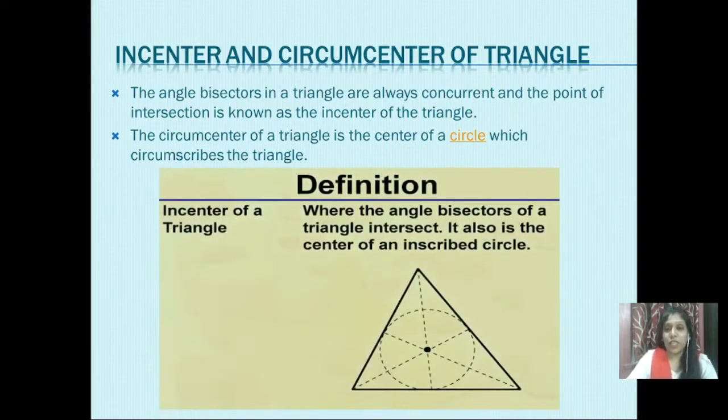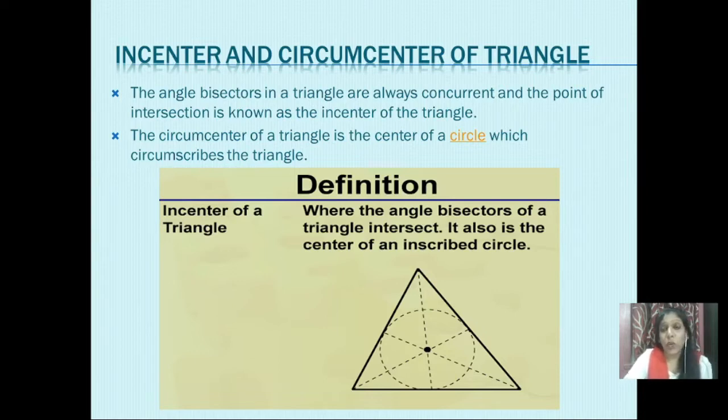So below is the image of a triangle which shows the incenter of a triangle, correct? And when you draw a circle inside the triangle, it gives you the circumcenter of the triangle also. So children, as you have learned, the angle bisectors in a triangle are always congruent and the point of intersection is known as the incenter of the triangle and the circumcenter of the triangle.